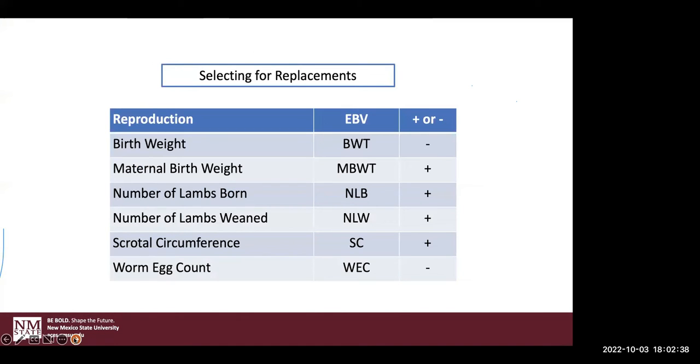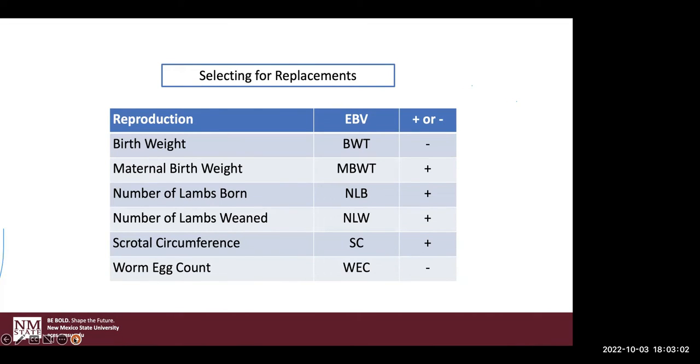So I'm going to talk about specific traits and what the acronyms are, and then what kind of numbers you'd want to look for as it relates to reproduction: birth weight, maternal birth weight, number of lambs born, number of lambs weaned, scrotal circumference in the ram, and then that worm egg count I have for reproduction.